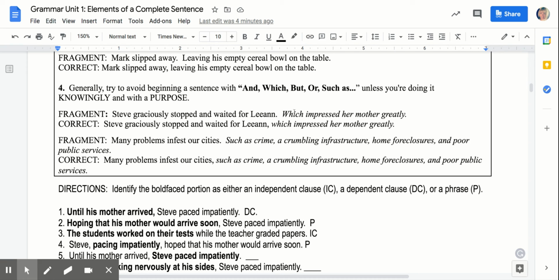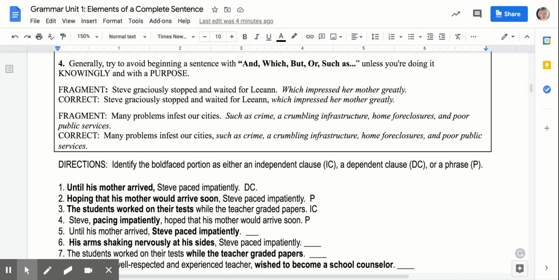Take a look at this fragment: "which impressed her mother greatly." We don't know who or what impressed her mother greatly. We need an independent clause. "Steve graciously stopped and waited for Leanne, which impressed her mother greatly." So again, avoid beginning sentences with words like and, which, but, or, such as.